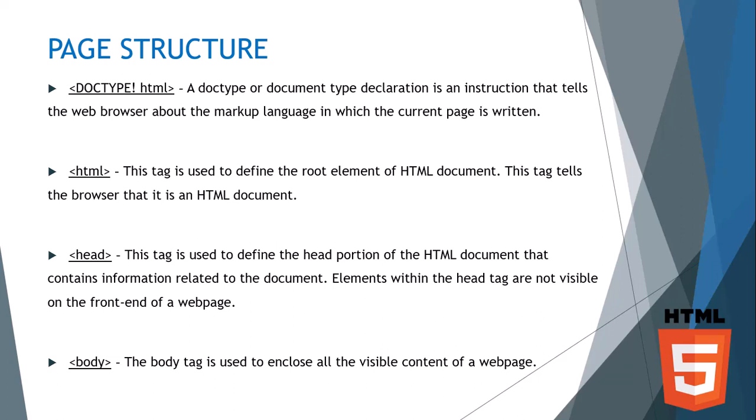There have been different versions of HTML. The latest version, which is HTML5, always has the doctype that tells the browser that this file you are about to open is an HTML file.